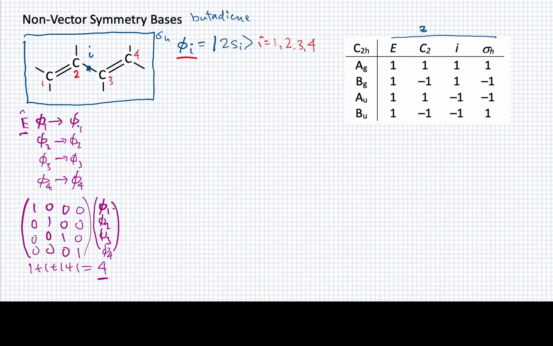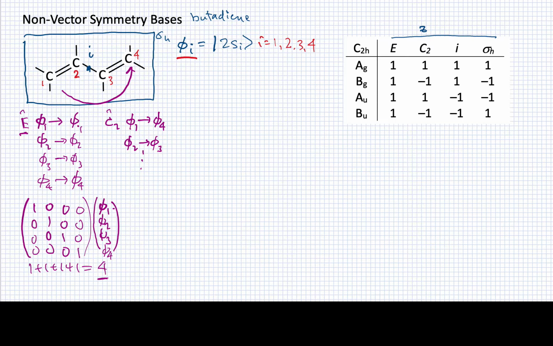By contrast, if I look at the C2 operation, I'm going to rotate this molecule around, and so I'm going to rotate C1 into C4. In that case, my phi1 will become phi4, and my phi2 will become phi3, and so forth. None of the atoms are mapped into themselves by this symmetry operation.